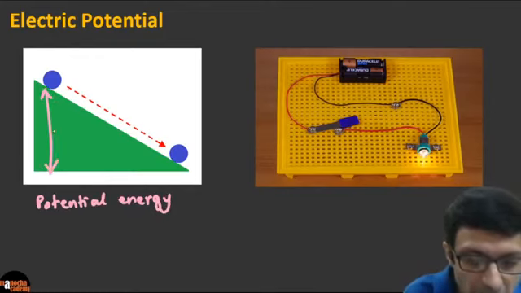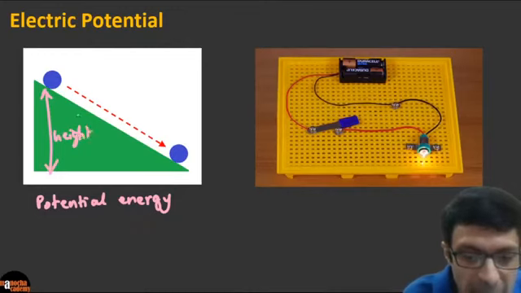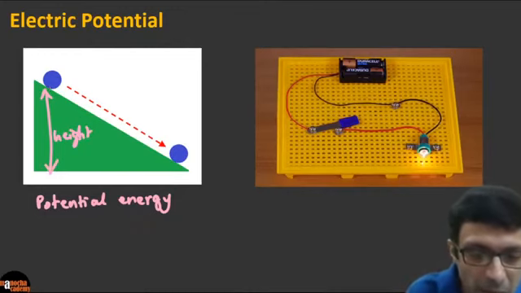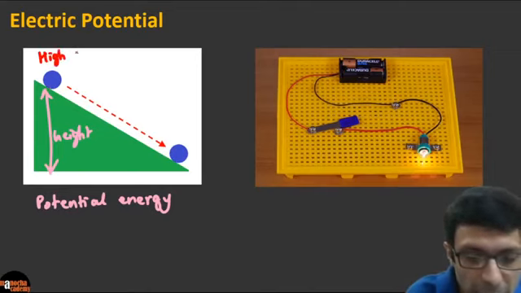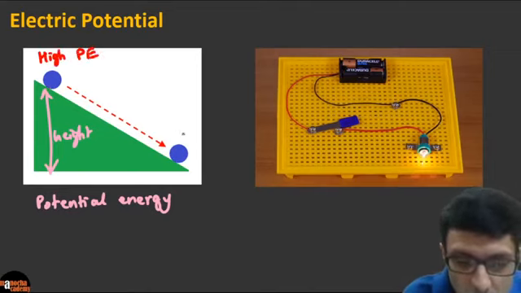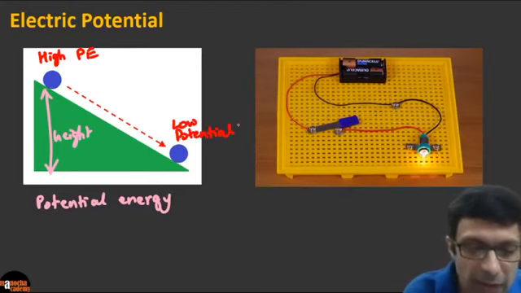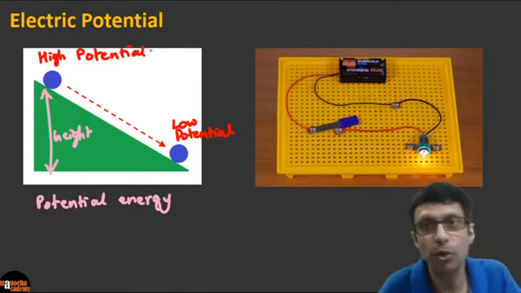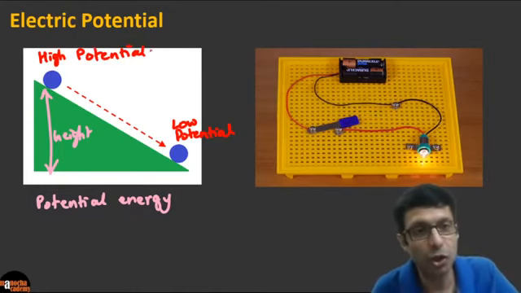You've seen this. Can you see that we say this ball has high potential energy when it's at a height? Here it's moving from high potential energy to low potential energy, or low potential. Let's write it as potential here. So I'll erase this and write. For the motion of this ball, you need a high potential to low potential.